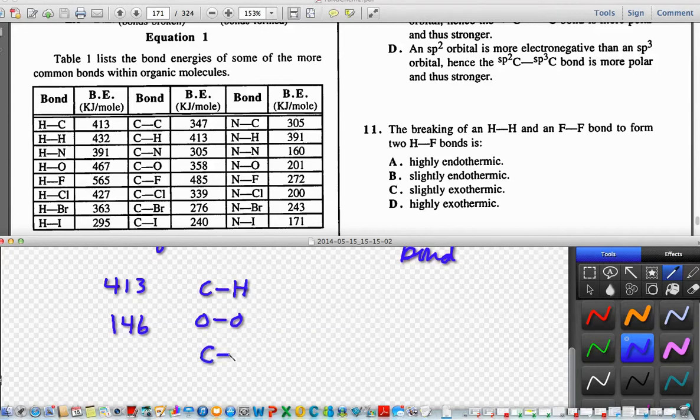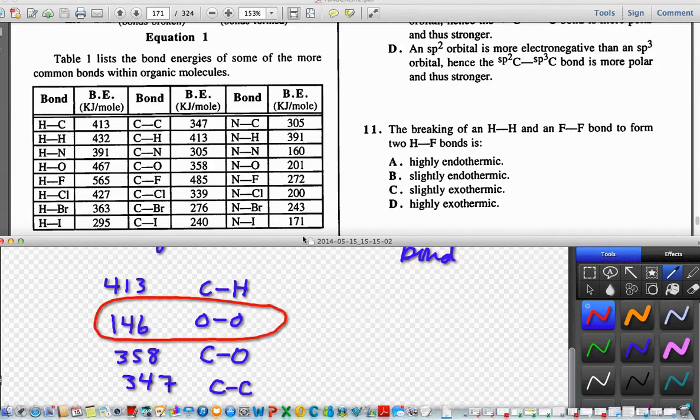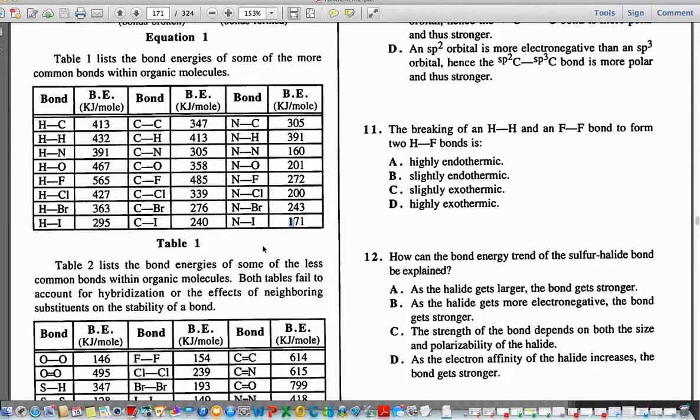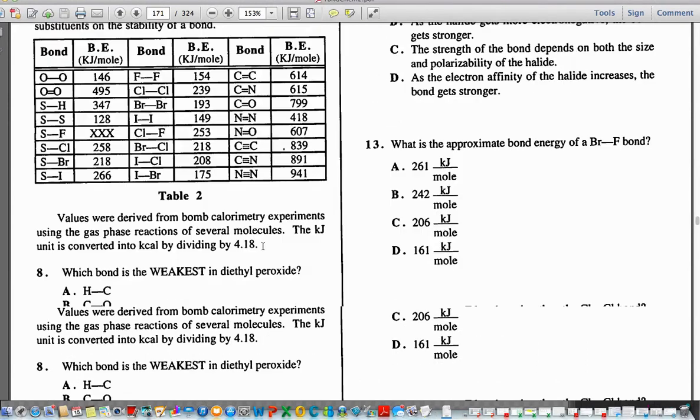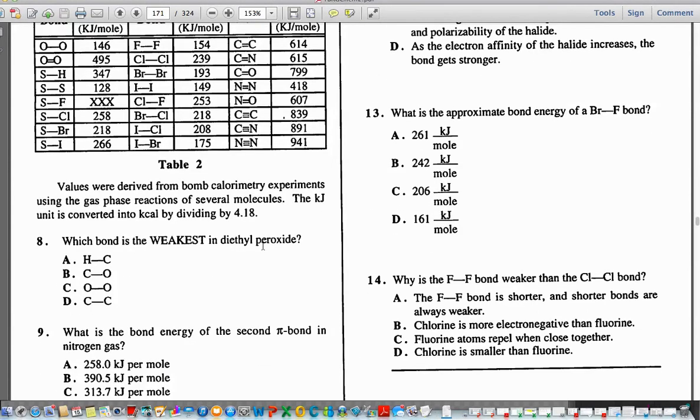A carbon-oxygen is 358. And a carbon-carbon is 347. Clearly the weakest bond is the oxygen-oxygen single bond. That shouldn't surprise us. That's how peroxide decomposes. So as we go back to look at our answer choices, which bond is the weakest? It's clearly going to be answer choice C, the oxygen-oxygen single bond.